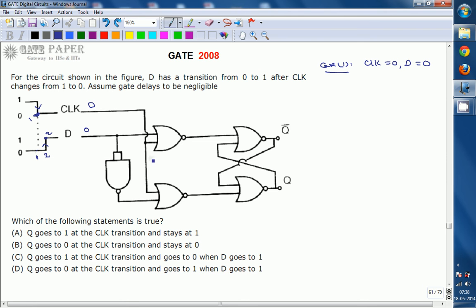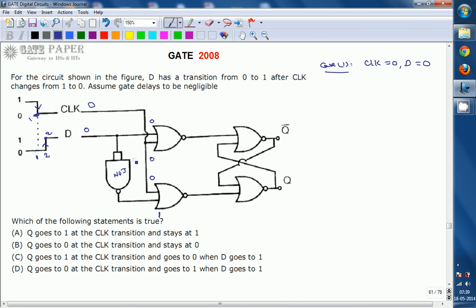Here you will get 0 at this input, and here also you will get 0. And D is equal to 0 means at this input you will get 0, and D is acting as an inverter, that is a NOT gate, so you will get the complement. So you will get output 1 over here. So 1 is the output I am writing over here.